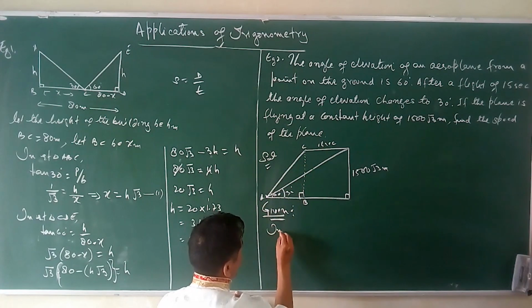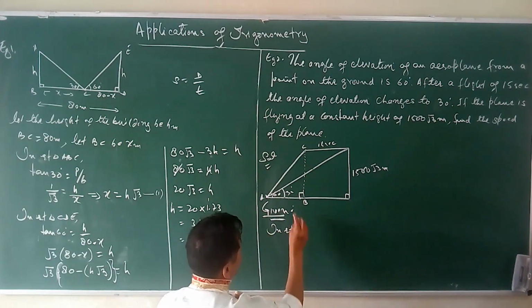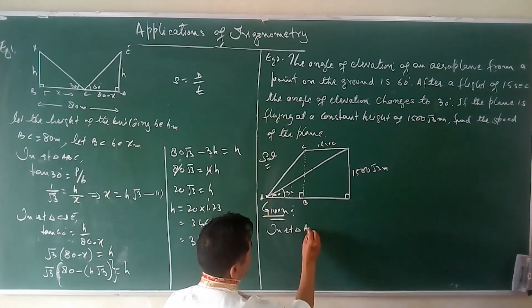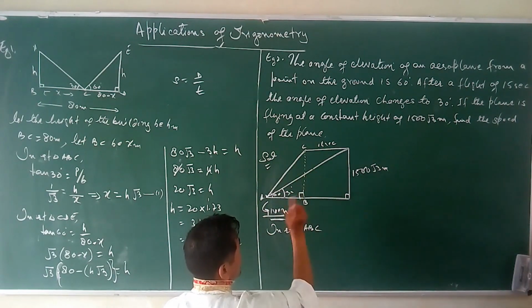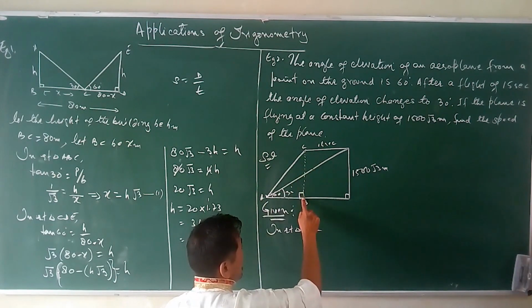In the right triangle ABC, the height is given.